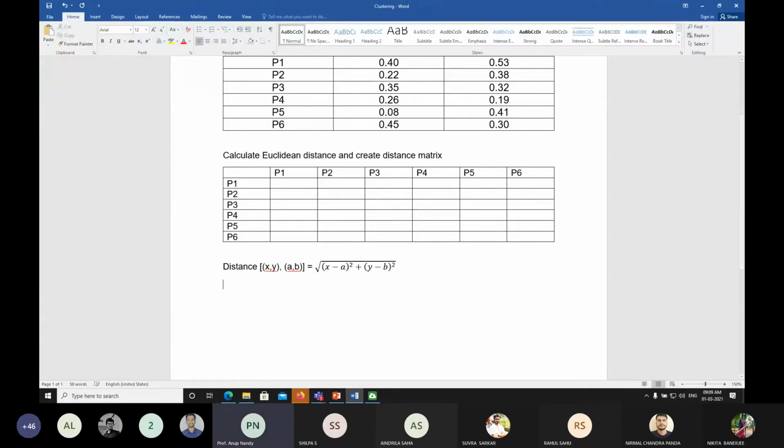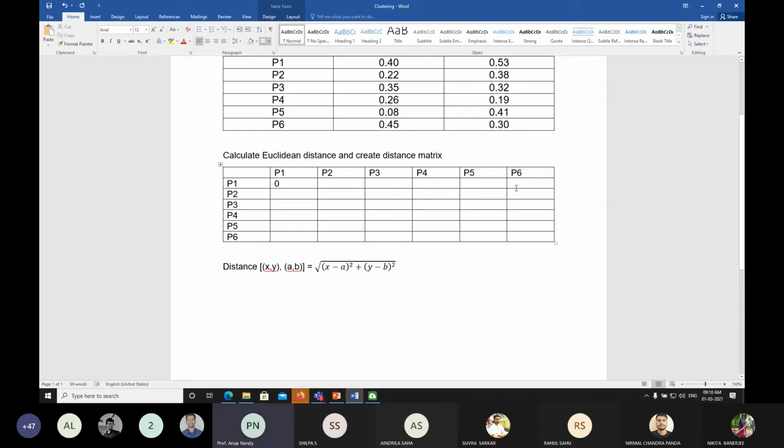Now you have to compute the distance with p1. If there is a difference, then you have a distance. If there is no difference, then you cannot find a distance. For p1 to p1, obviously it will be 0. Now you have to compute p1, p2. Then p2, p2. If you plot it, p1, p2 and p2, p1 are both the same. So you will have two parts, the lower triangular part and the upper triangular part, which hold the same data.